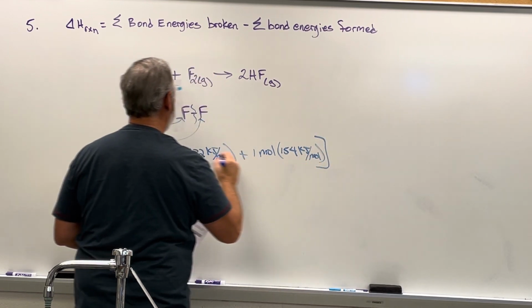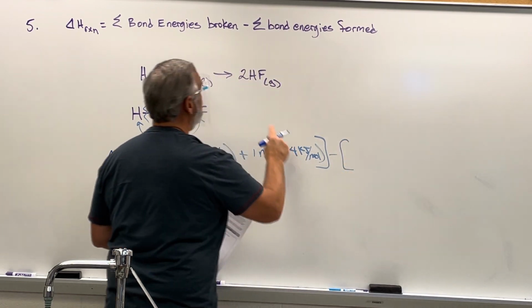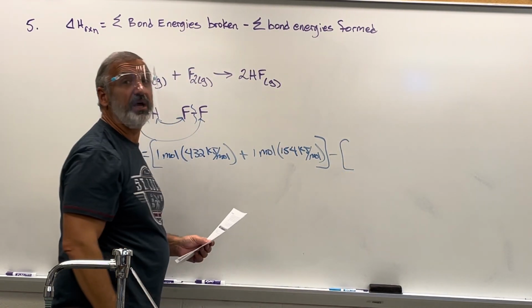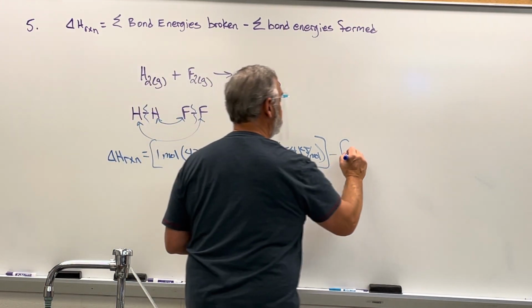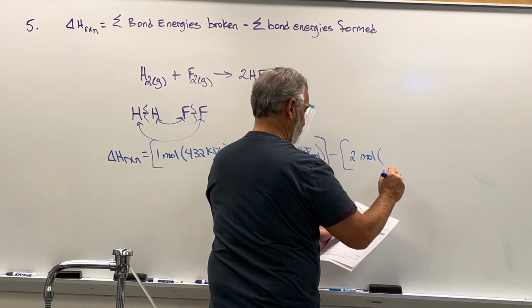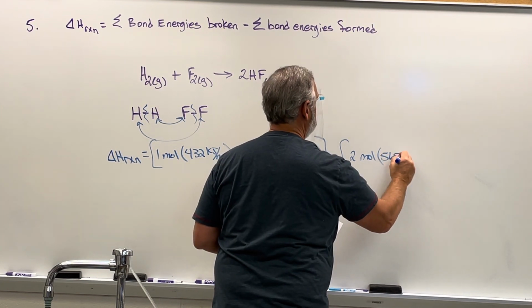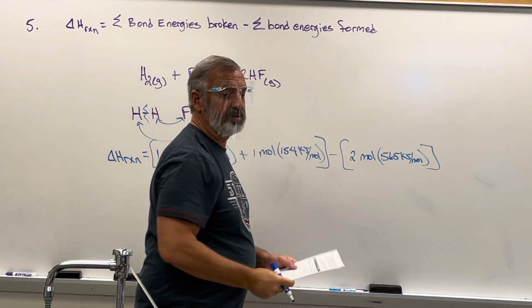Okay, that's the bonds broken minus bonds formed. This time we're going to have 2 HF bonds forming, so it's going to be 2 moles times 565. Then you just add that up.